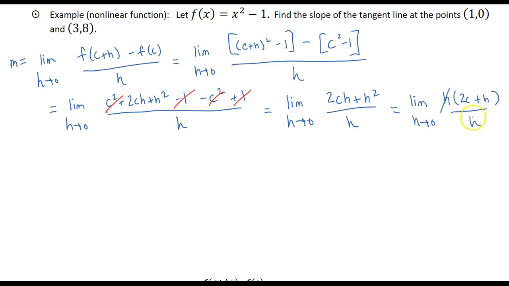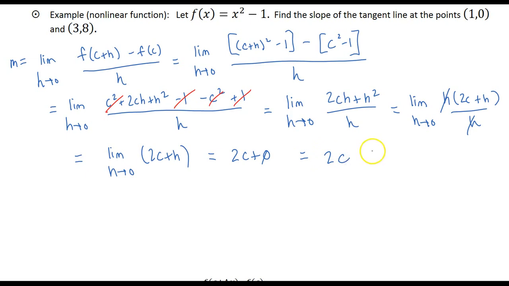So I end up with the limit as h approaches 0 of 2c plus h, and now that I've actually got something that I can plug in, h equals 0, that's going to be 2c plus 0. I can drop the notation, so this gives me 2c.